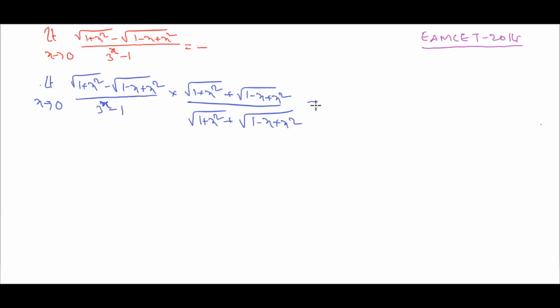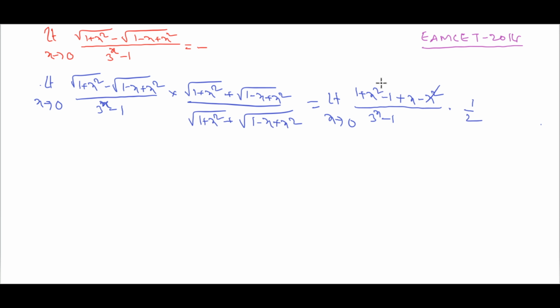The numerator is (a minus b) into (a plus b), that is a square minus b square, that is limit x tends to 0, (1 plus x square minus 1 plus x minus x square) by 3 power x minus 1 into, substituting as x tends to 0, 1 plus 0 is 1, 1 minus 0 plus 0, that value is 1 by 2.